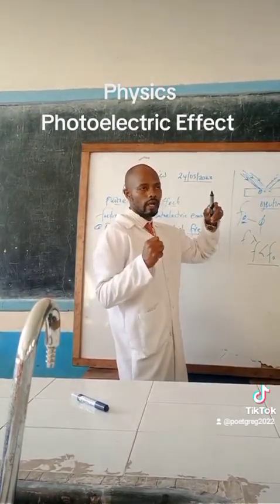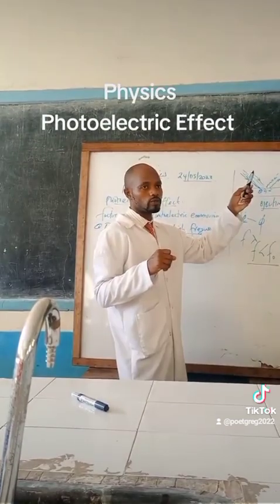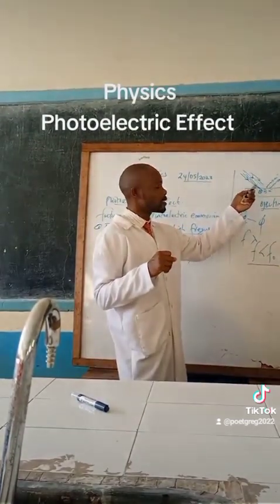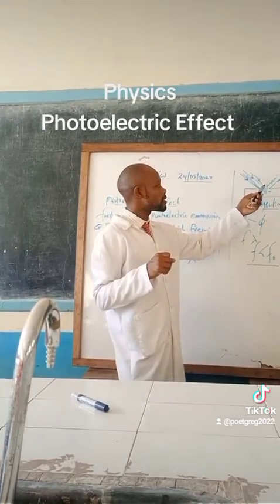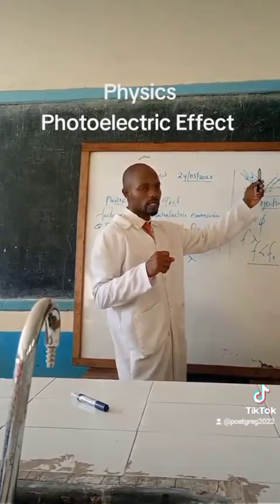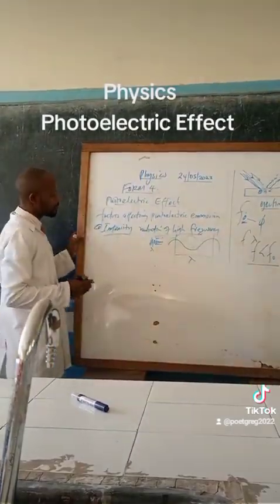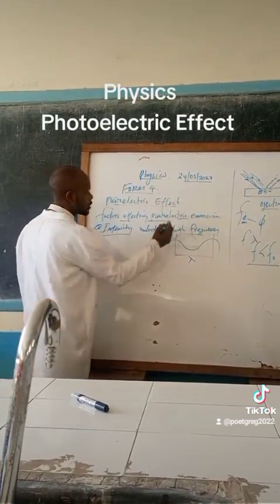It is strong. And if it is, then we are also going to eject as many electrons as possible. If it has low frequency, it means the intensity is low, hence the electrons emitted or ejected out of the metal surface are also going to be low. So that is factor number one when we talk about factors affecting photoelectric emission.